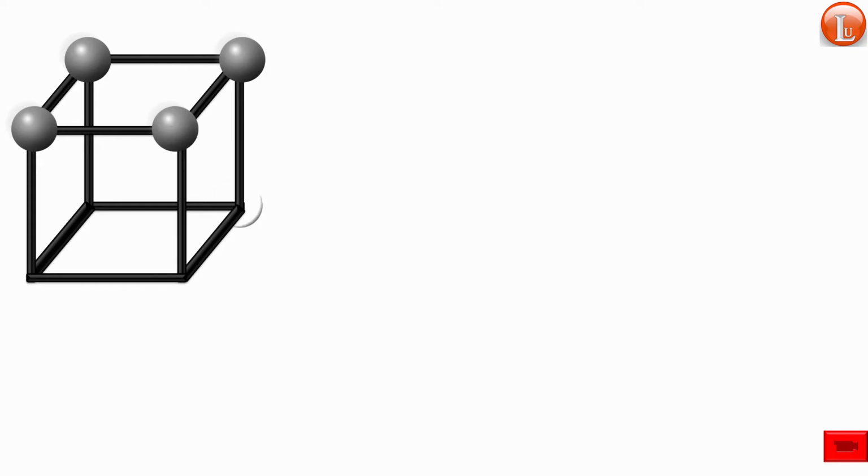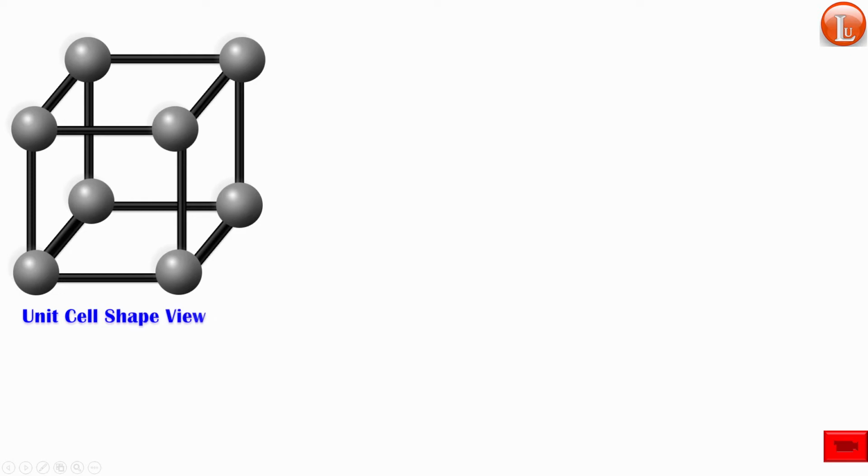Going back to this particular view, it is called the unit cell shape view that we saw before, with the 8 atoms at the corners. Now obviously in reality you will notice these lines won't exist. These are imaginary lines. So this is the unit cell shape view. Now what I'm going to show you is I'm going to number each of these atoms.